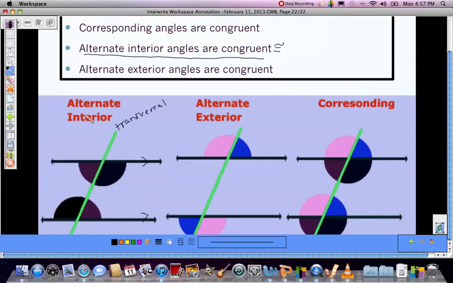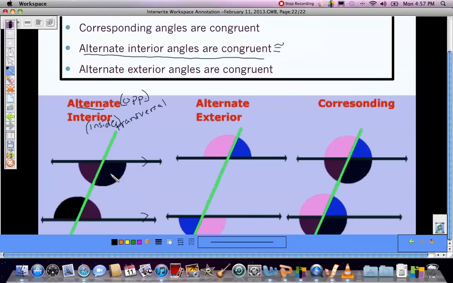So let's explain what alternate interior actually means. Alternate means opposite. Interior means inside. So using the meaning of these words, we can easily see the opposite inside angles are equal. So your notes aren't color-coded as well as on the screen.